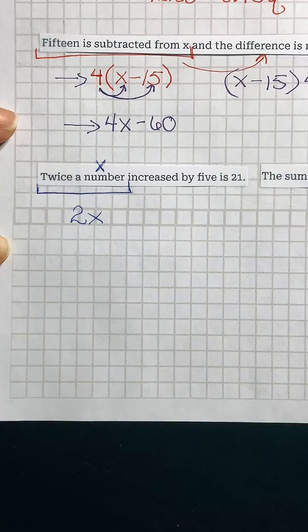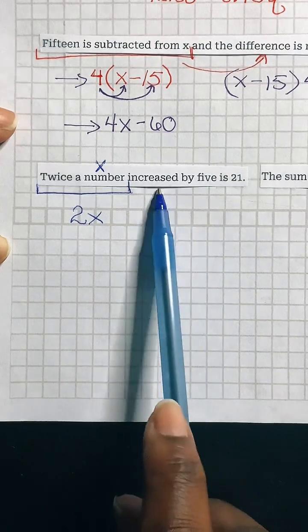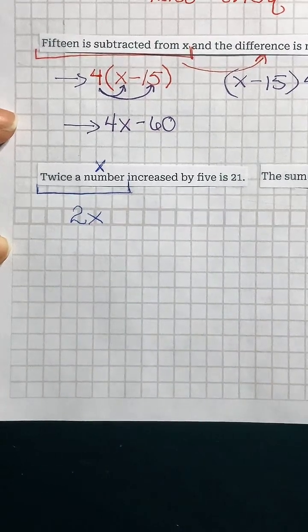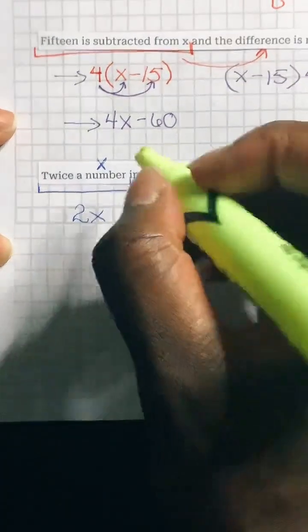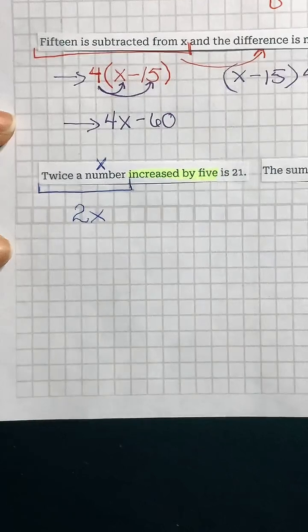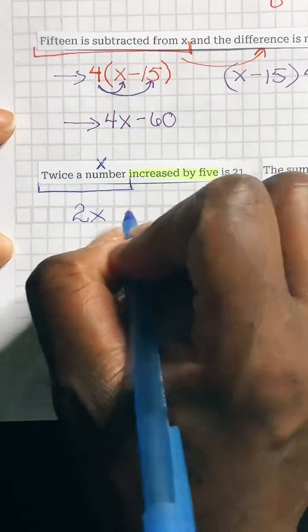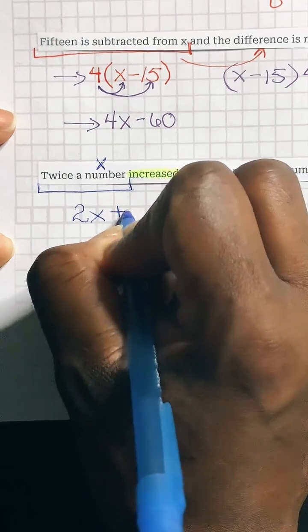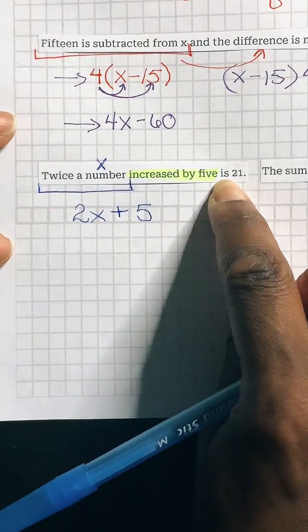All right. So now, increased by 5. How would I write increased by 5? Okay, I didn't mean to put the 7. Okay, I figured that. Because I was like, how is she getting the 7? So increased by 5, plus 5, good. Is, what does the word is represent?